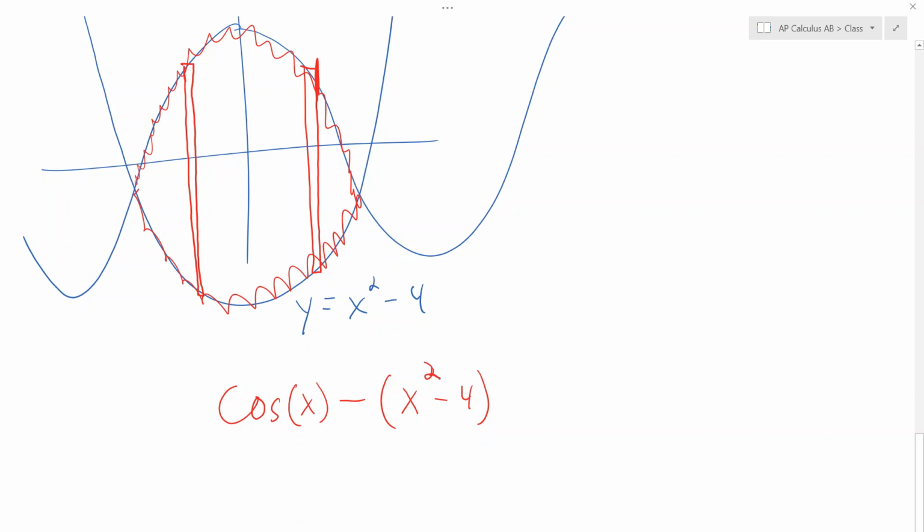You're subtracting quantities here, so put a parenthesis around the big quantities. How thick is every single one of those rectangles? Infinitely small, but we're going to call it dx, an infinitely tiny change in x. Remember, that dx means something.